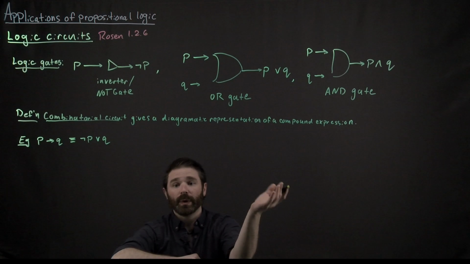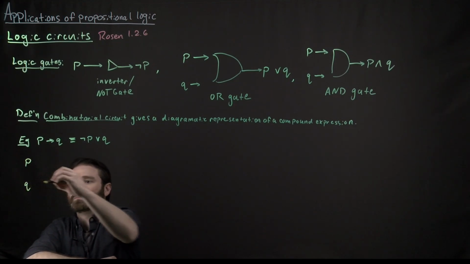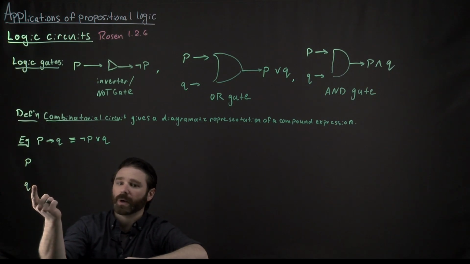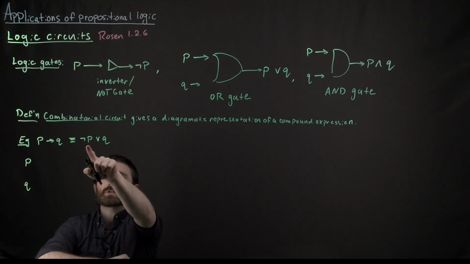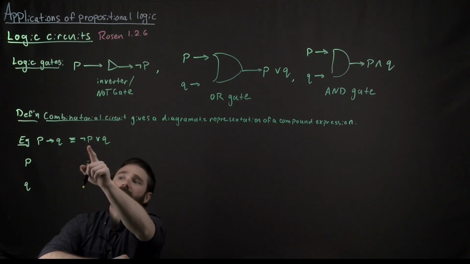So if we wanted to give a diagrammatic representation of this, we could do it in the following way. We could write our couple of logical operators right here, and then the first thing that I'm going to do, because of my precedence of operators, is I'm going to invert this P right here.